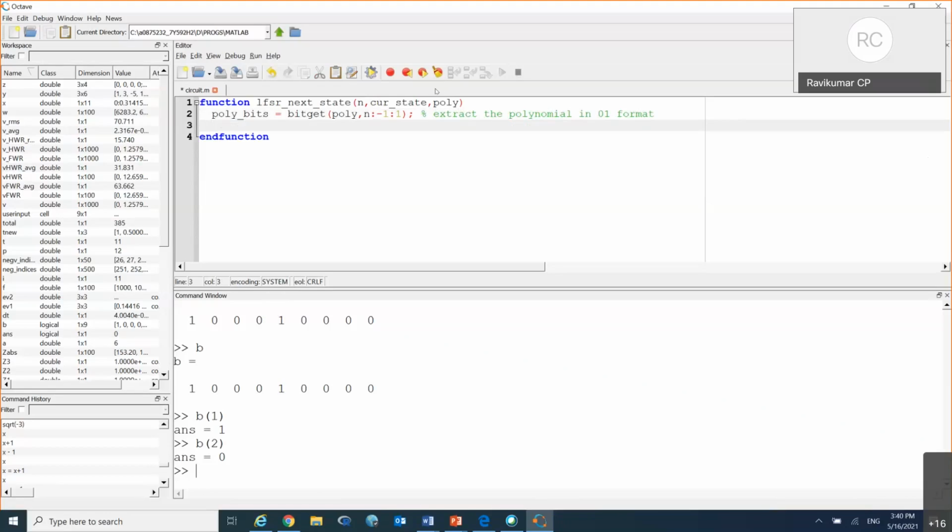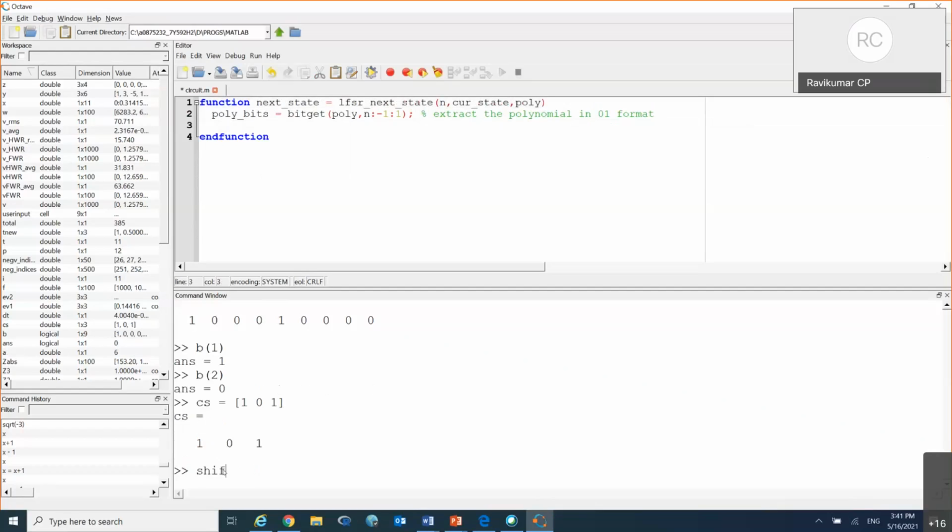Okay, so first of all, it should return the next state. So first of all, what is the next state? Suppose I have 101. This is, let us say, my current state. There is a shift that you can do. If you do shift, it will return the shifted state.